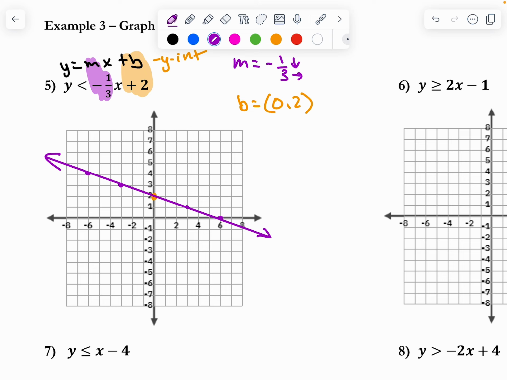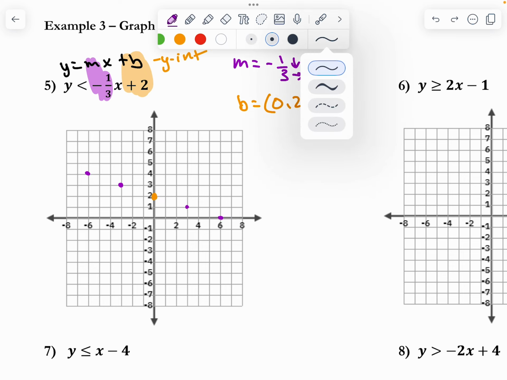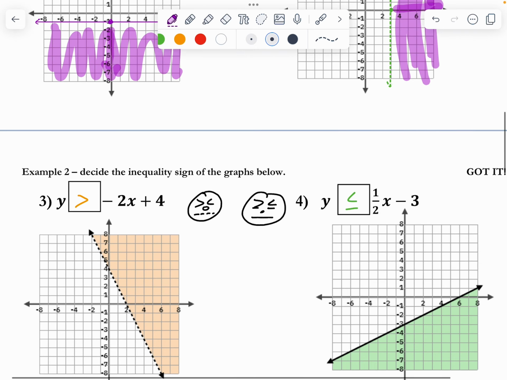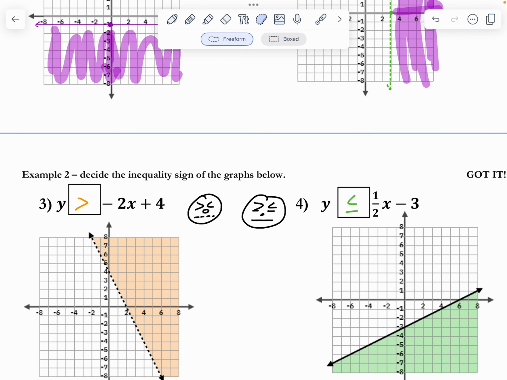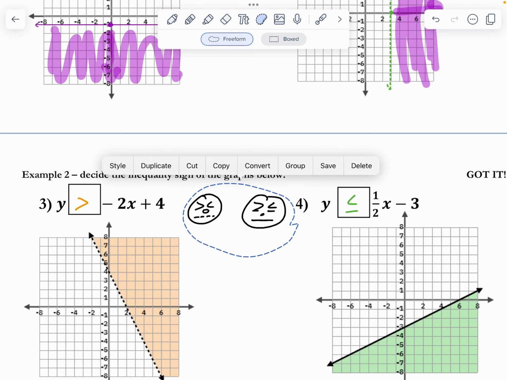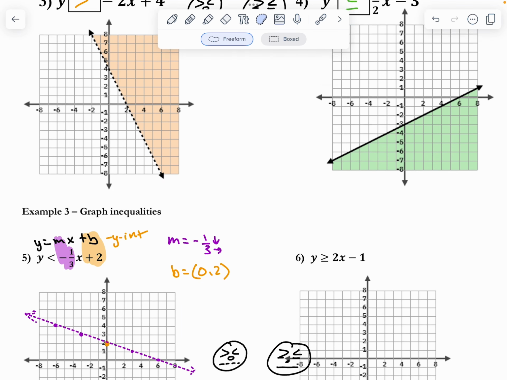Now, did I make my line correct? Oh, actually, I'm not able to do this anymore. They changed it, so I can't just erase. Well, here, remember, we got to be careful. This is our less than sign, right? We have our less than sign, so we're going to have to use a dashed line. All right, remember your faces, these faces right up here. I'm going to duplicate them.